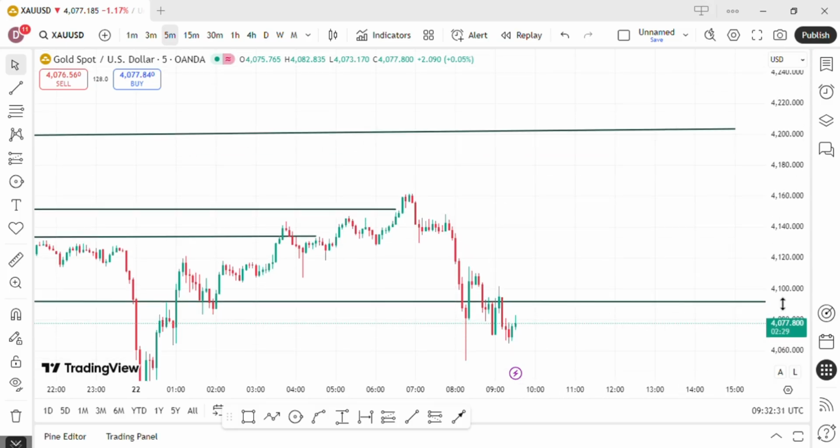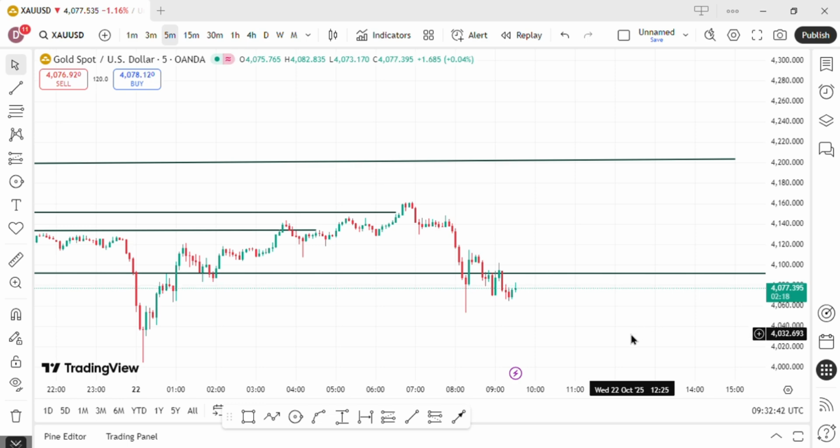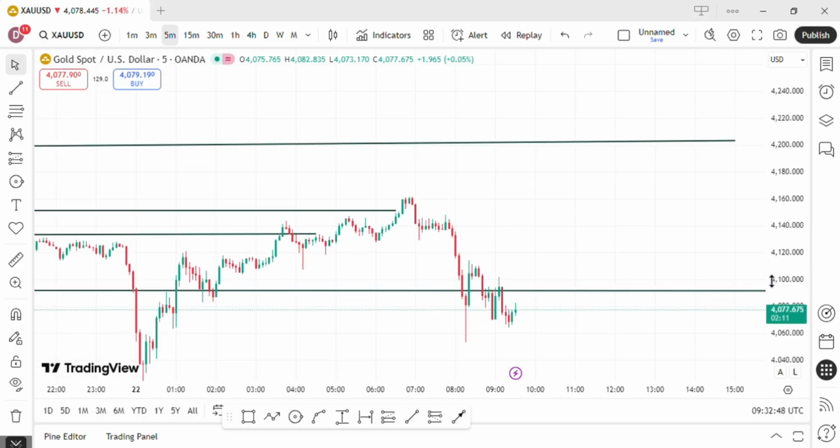Mostly I use order block continuation. I use order block, not necessarily smart money, but I use order block as my strategy. Or I could even use a breakout. These are the two things I do.